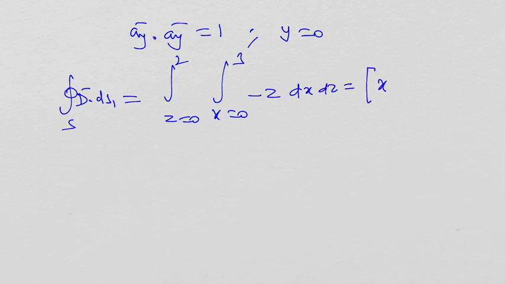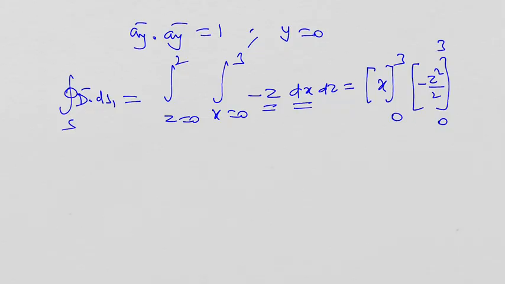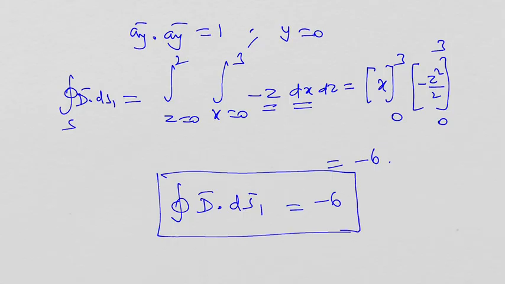When you integrate dx with respect to x, it gives you x, where the lower limit is 0 and upper limit is 3, and when you take z, obviously minus z squared by 2 will be the result of integration. The lower limit is 0, upper limit is 2. So obviously when you substitute all these values, this becomes simply minus 6. So please do remember, the surface integral of D dot ds1 will be equal to minus 6. Keep it in memory. We may have to refer to it later.